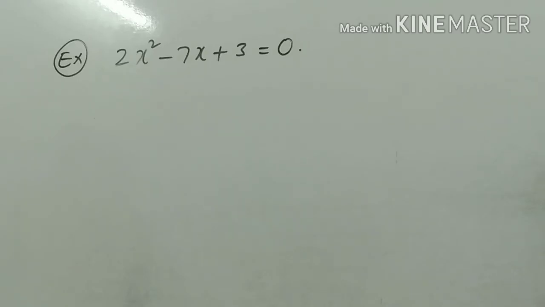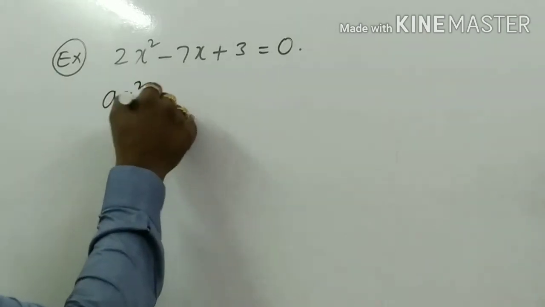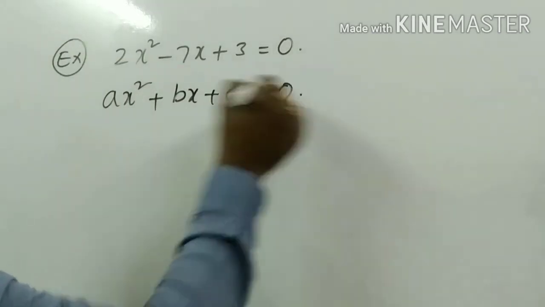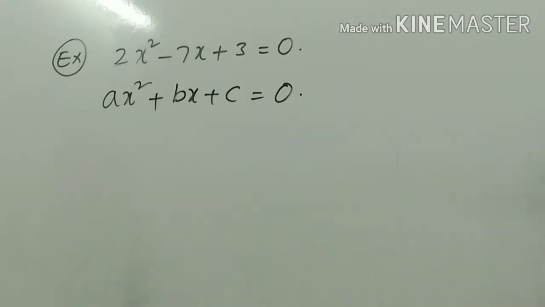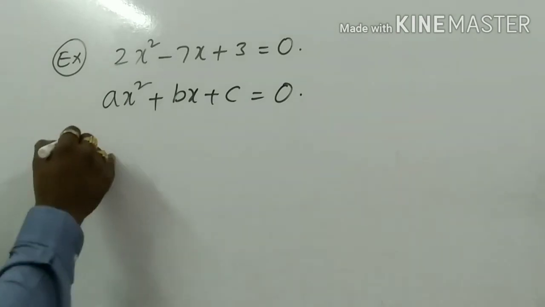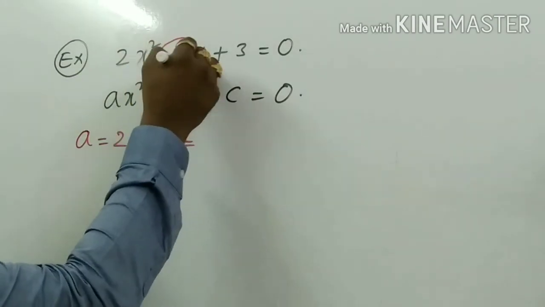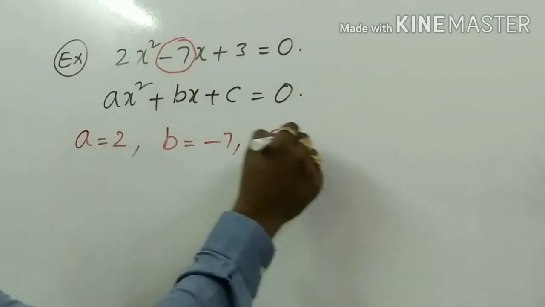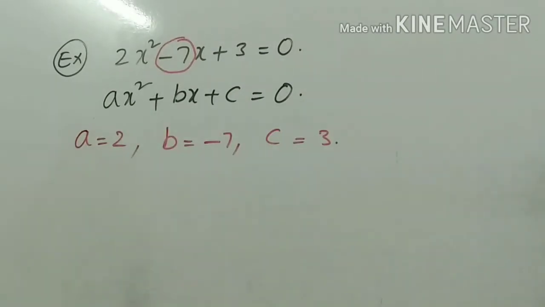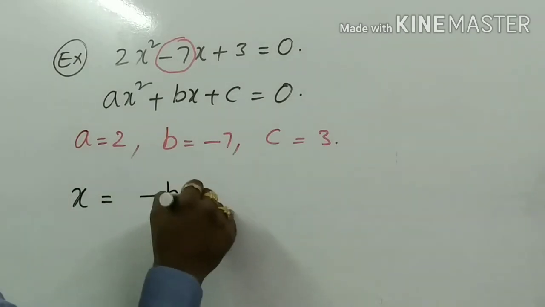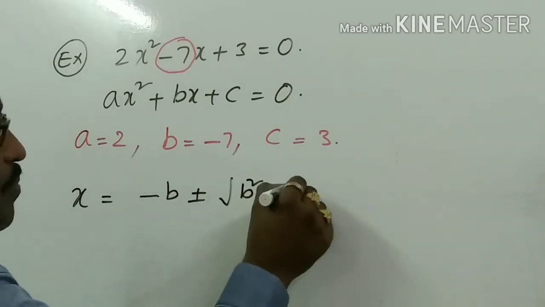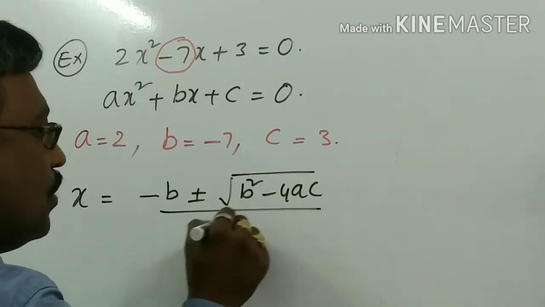Now we are doing one example. See, this is in the form of ax² + bx + c = 0. Now you need to write the coefficients: what are a, b, c? a = 2, b = −7. With respective symbols you should write a =, b =, c =. The quadratic formula says x = (−b ± √(b² − 4ac))/2a.